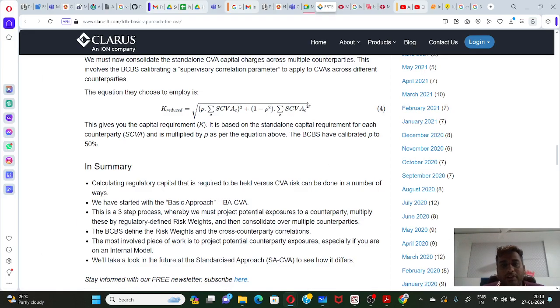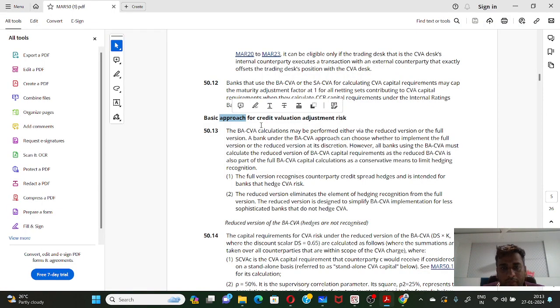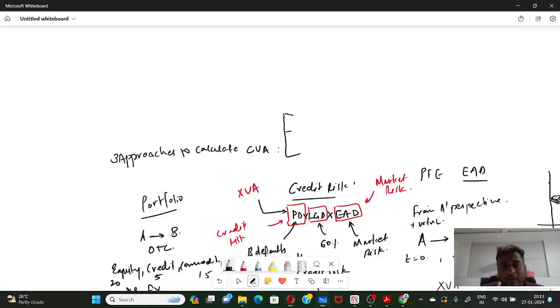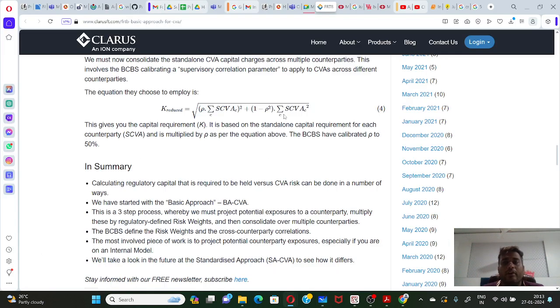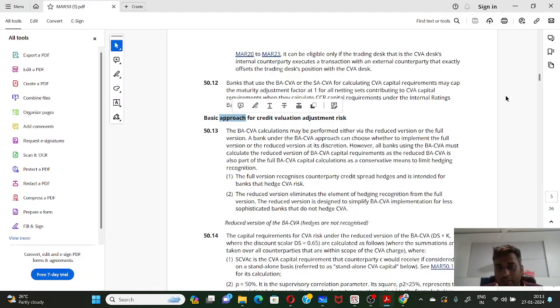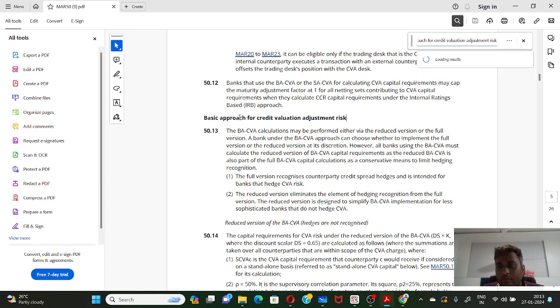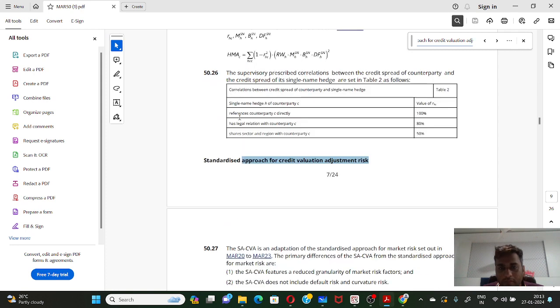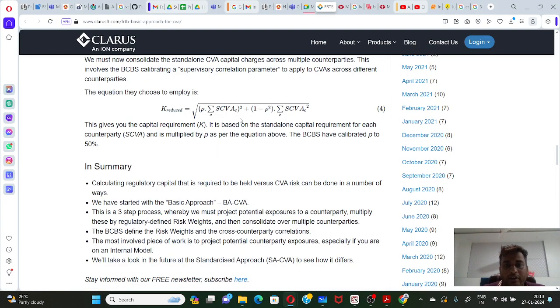So the first one is the basic approach for CVA. Let us try to find what the other approach is. There is a standardized approach.